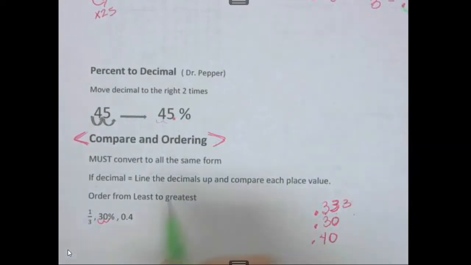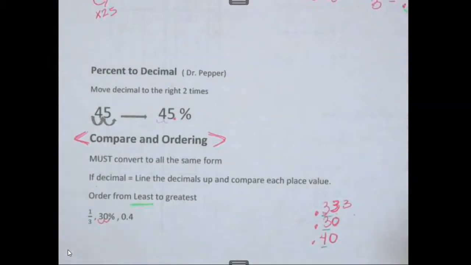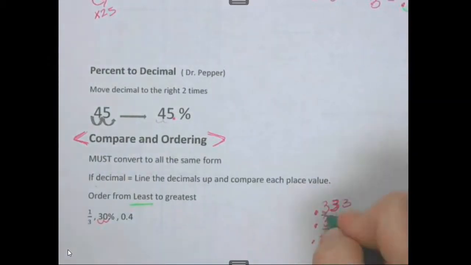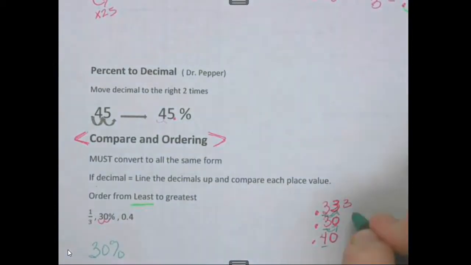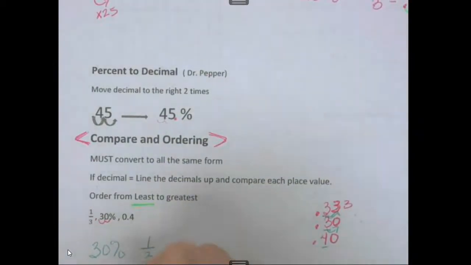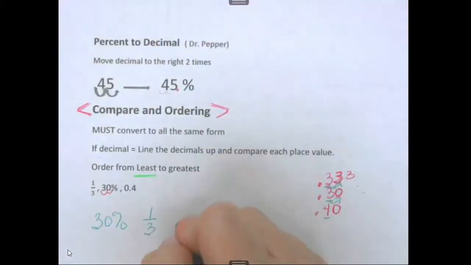Now, I want the least number. 3, 3, 4. Which one's my least? 3. So this is 30%. So it's going to be 30%. Then 1/3. And then 4/10.